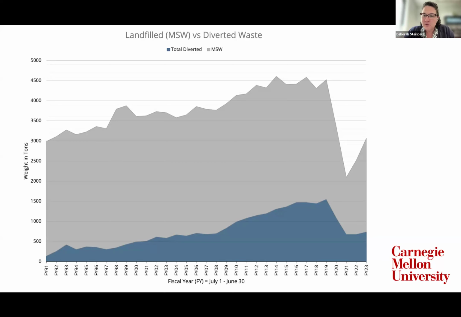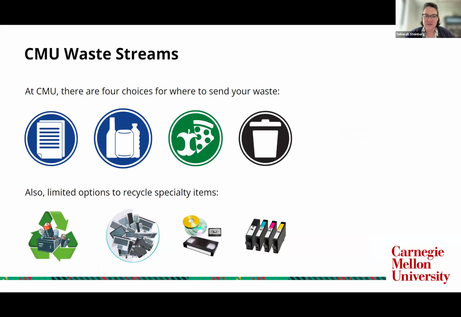And while we are moving upwards and regaining our recycling diversion, our landfill has increased at a slightly steeper pace. We all got a little bit too used to disposables during the time when we were disposing of everything. So that caused us to think a little bit more about opportunities.